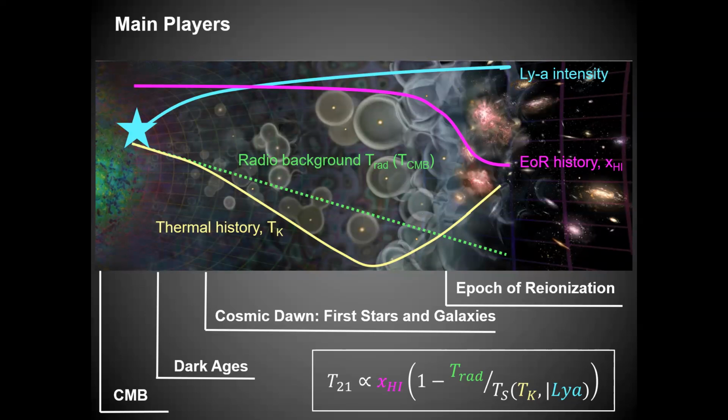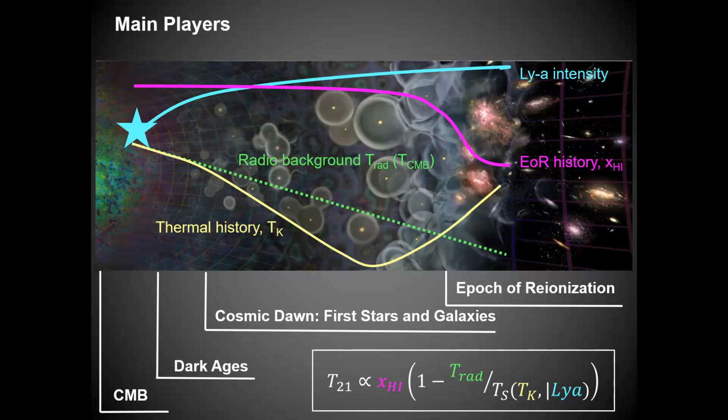The rate of this cooling of the gas and radiation also depends on the cosmological content, so what cosmological model is actually implemented in the universe. Of course, we know that from the CMB, but we also want to test it over the whole redshift range or time range that we have here.